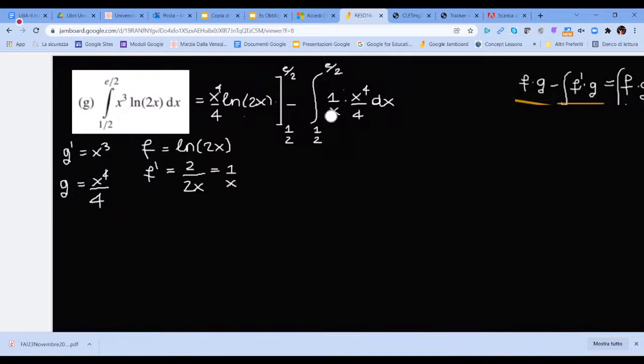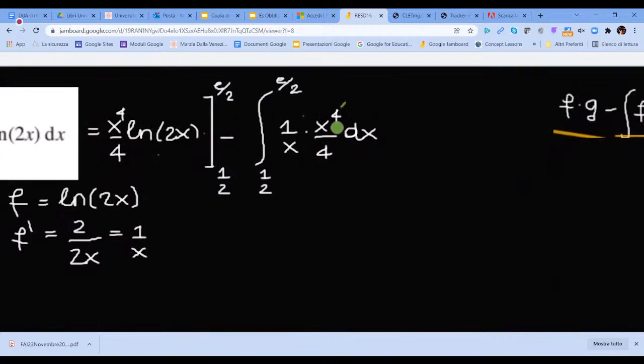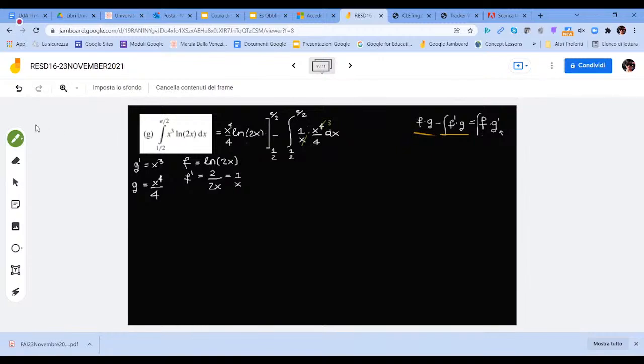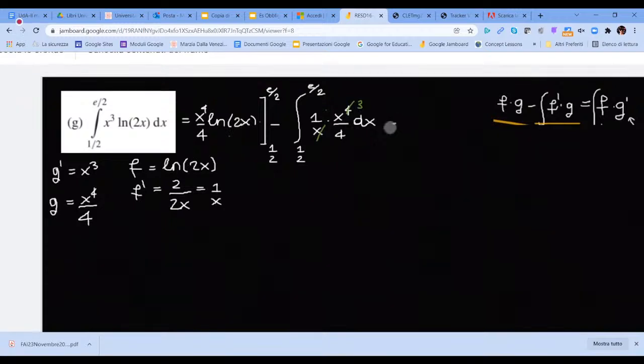And as you can see, we have a power of x that we can simplify. So x to the 4th becomes x to the third, and this x is going away. So we have one exponent less.